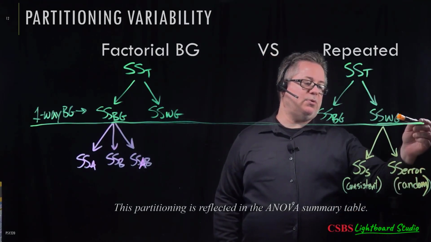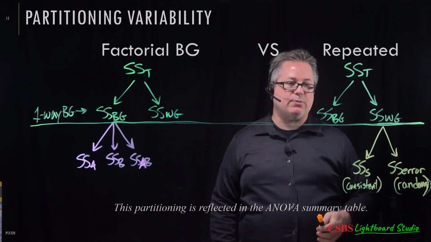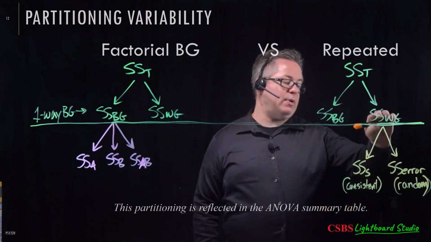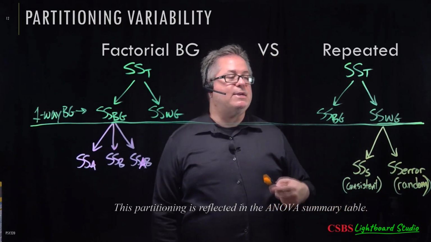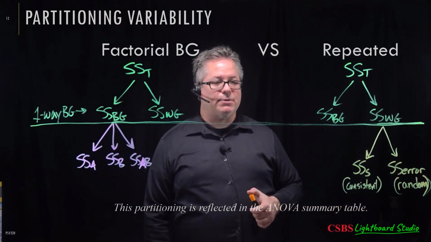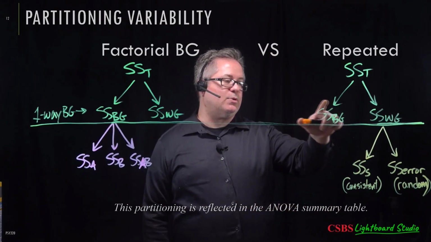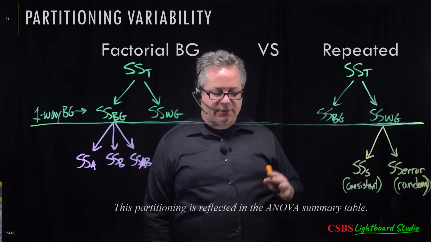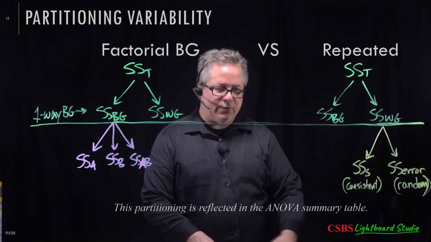So all of a sudden, within groups and error are no longer the same thing and no longer synonymous when it comes to repeated measures. We're actually creating a separate error that we're going to use for our F that's different than it is in a between groups. But we're leaving the sum of squares between groups completely alone. It's actually staying exactly the same as it is in a one-way between groups.